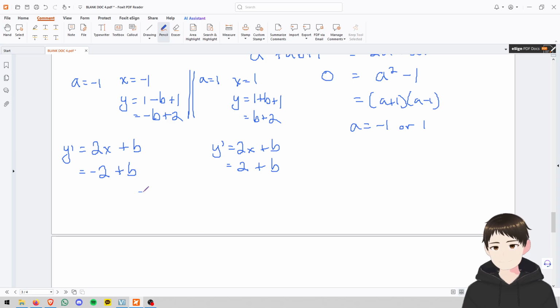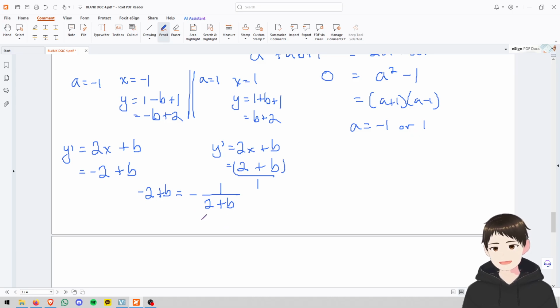So we have negative 2 plus b is 1 over 2 plus b. If this is perpendicular to that, this has to be equal to the negative reciprocal of that, right? Yes.